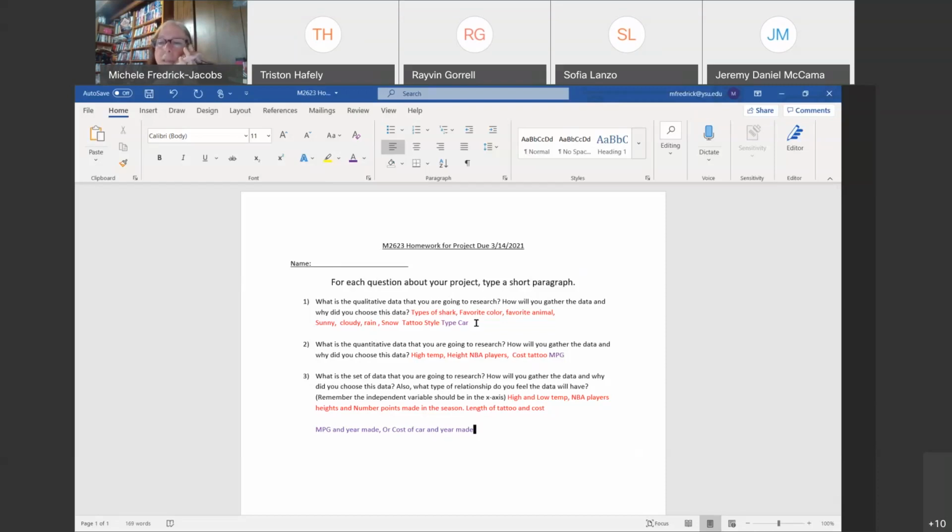What about the type of car makes it qualitative? Corvette, Trans Am, Mustang, that's what's qualitative. It's the name of the car, it's not a number. Exactly, it's not a number.